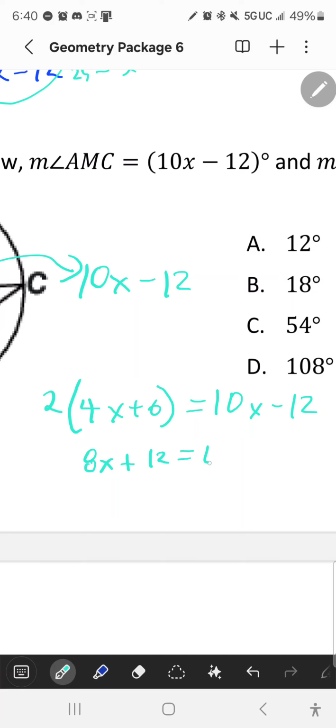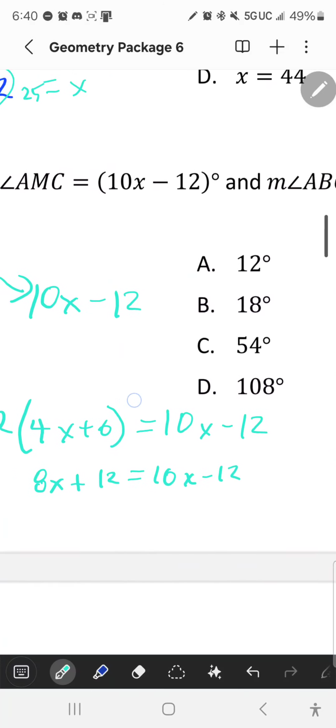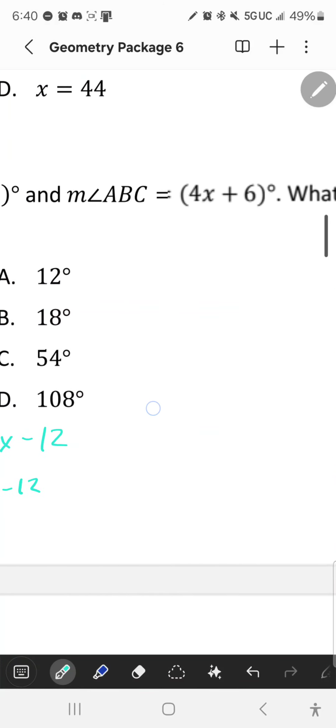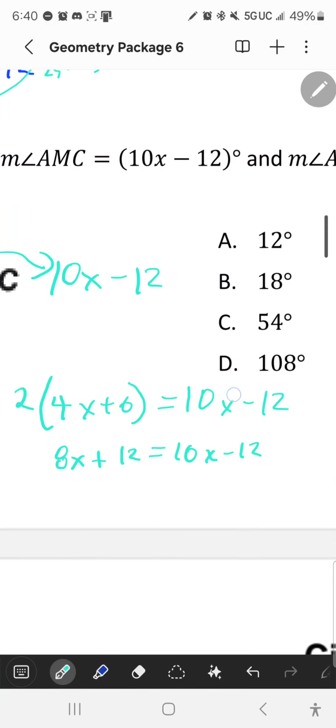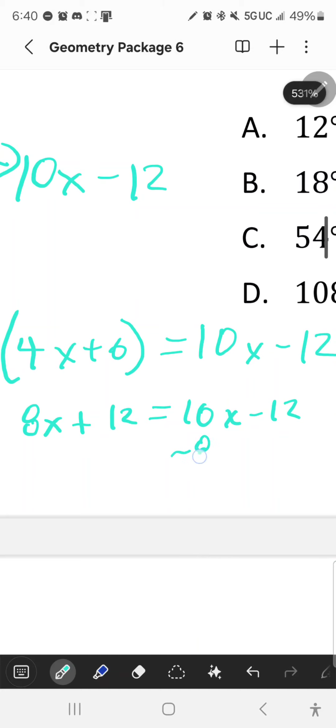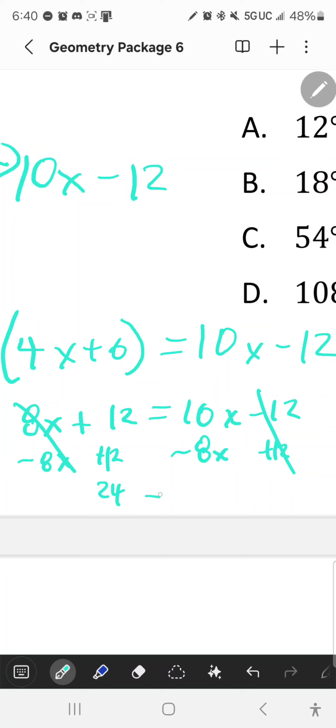So 8x plus 12 equals 10x minus 12. This is plus 6, right? Yeah. So we subtract 8x from both sides, and we add 12. So this cancels and this cancels, and 12 plus 12 is 24.